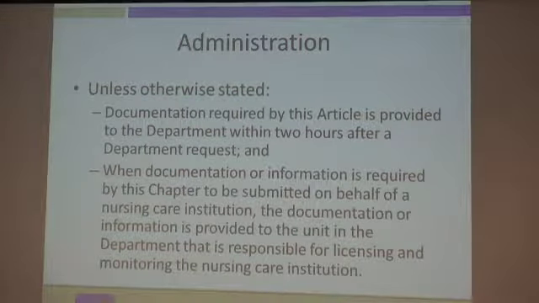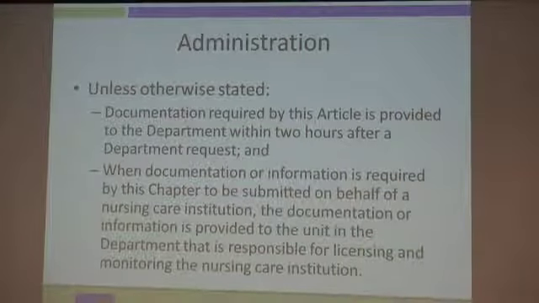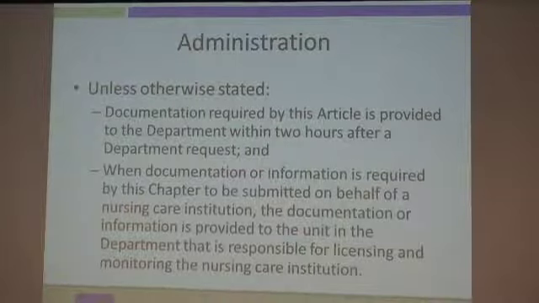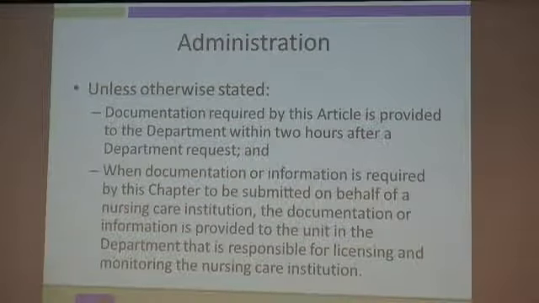You have to provide it to the Bureau, not to assisted living. So get the information to us. Or if you call us with an intake and we ask for supplemental documentation, make sure you're sending it to the fax number of the Bureau instead of assisted living, behavioral health, or medical facilities.